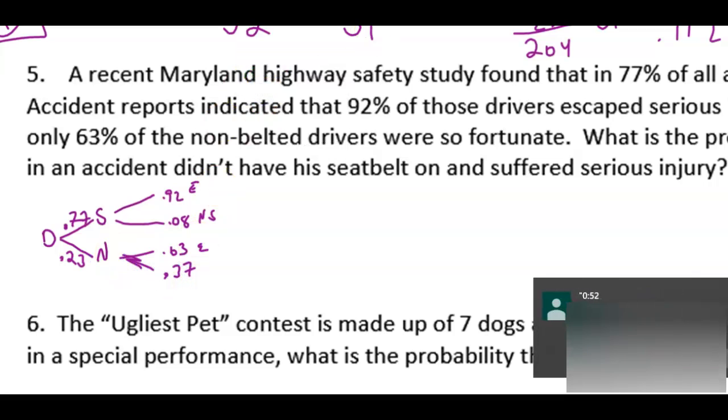So we use a little highlighter to do that. And it says right here, the actual question is, what is the probability that a randomly selected driver involved in the accident didn't have on the seatbelt, so non-seatbelt driver, and suffered serious injuries. Let me relabel this real quick.